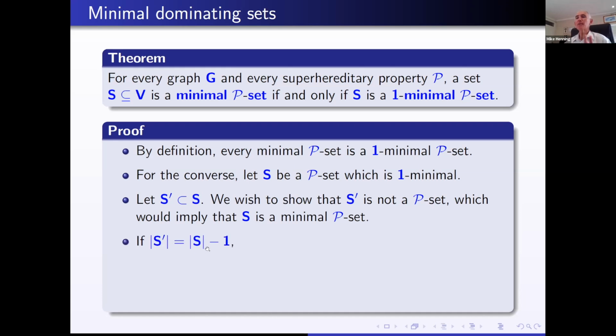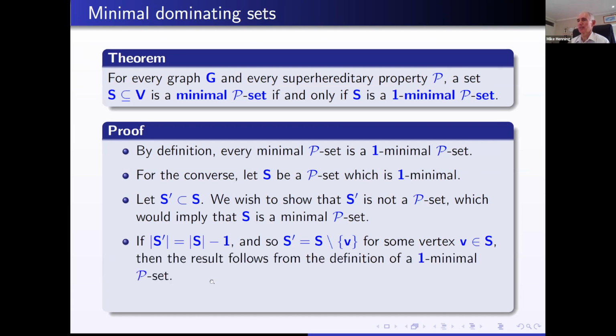If the set S prime is 1 less, then it doesn't have the property, because S is 1-minimal, that means you remove any one vertex, the resulting set will not be a P set. So in this case, if S prime is one less, that means that S prime is obtained from S by removing one vertex. And we know that S is 1-minimal, which means that S prime is not a P set. So by definition of 1-minimal, we're fine.